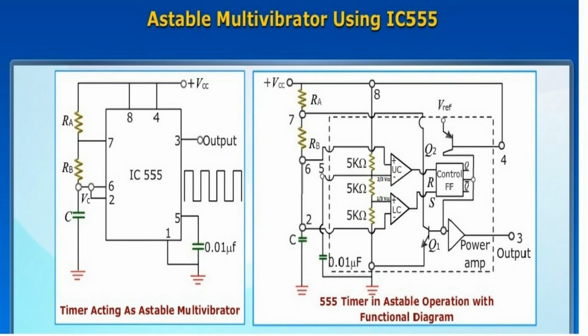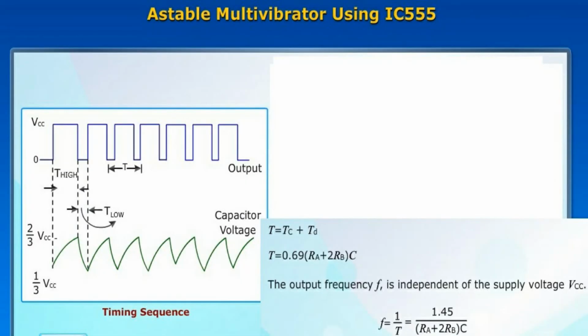The figure gives the output voltage of the astable multivibrator and voltage across the capacitor. When the transistor is off, in such a condition, the capacitor starts charging from 1/3 VCC voltage to 2/3 VCC voltage through the path RB RA. In this case, the output goes to high.